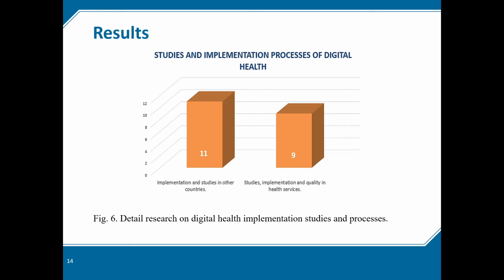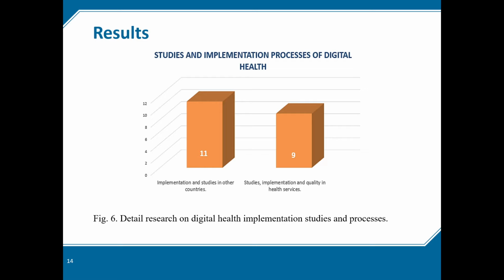In the category of studies and processes of digital implementation, we find research that details different ways in which these services are implemented in other countries and what was the process of adaptation to it.